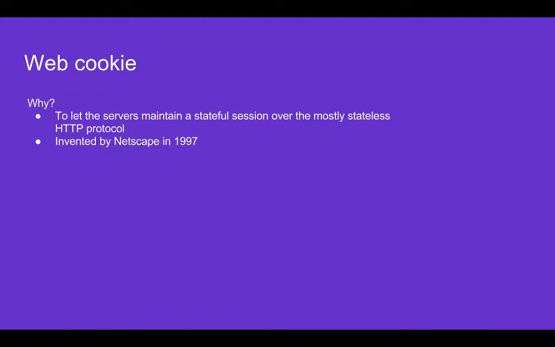So what's a cookie? How did we come up with this cookie concept? It happened in 1997. At that time, the web was evolving, and in the server-client model, when more requests were coming to the server, it had no clue whether those requests were coming from the same user agent or client or different ones.